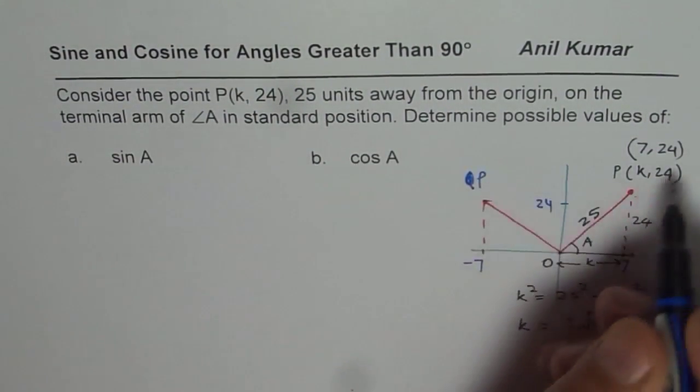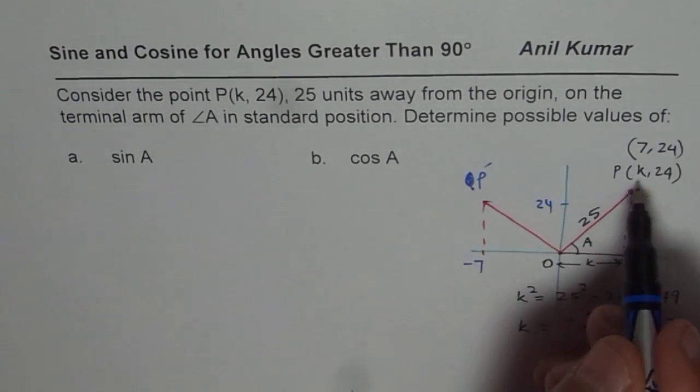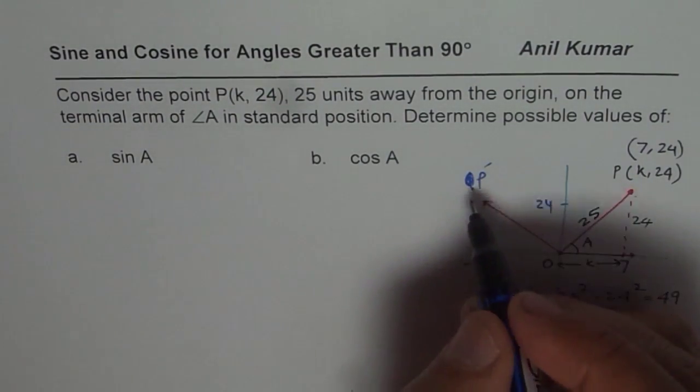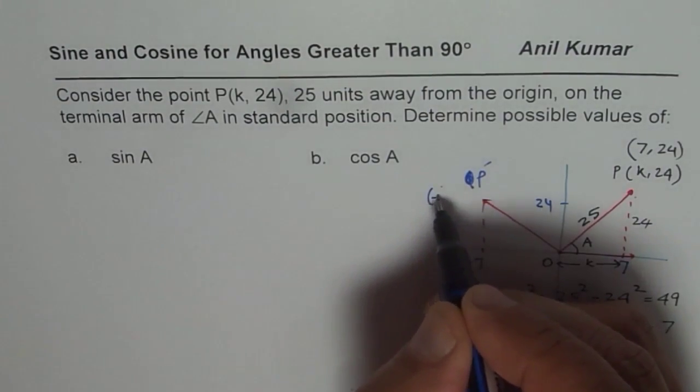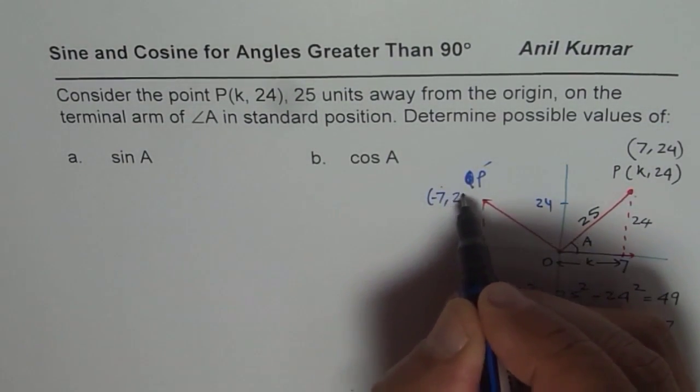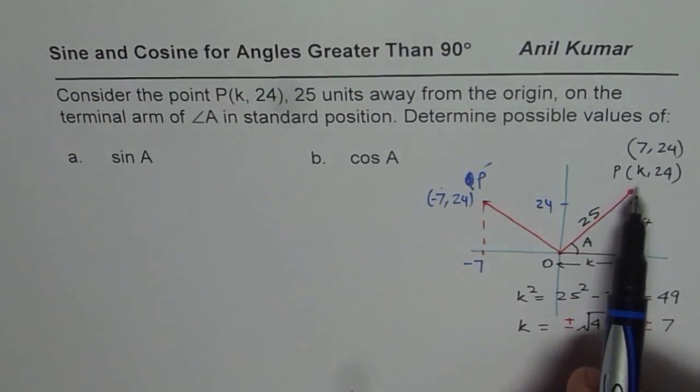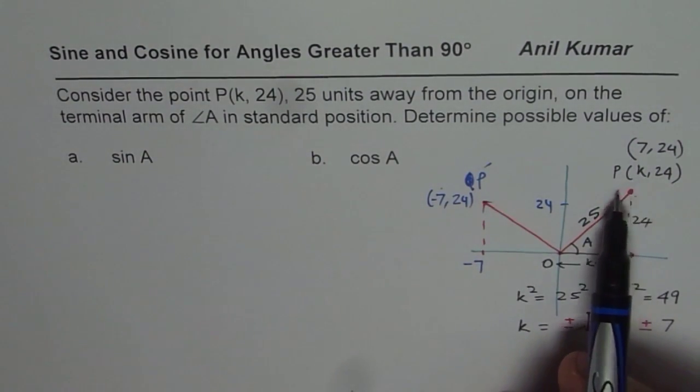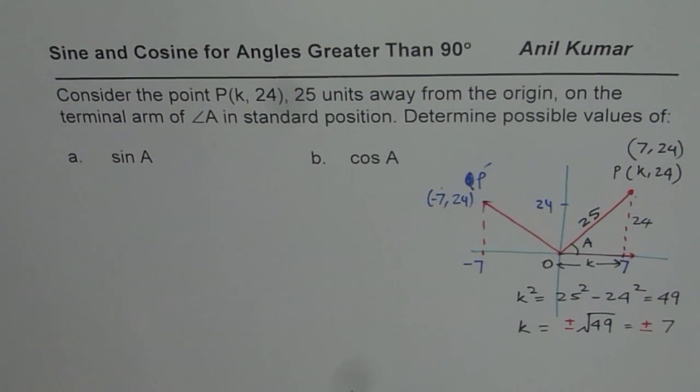We'll call it P dash, since the x value is different. This coordinate point will be (-7, 24). So there is a possibility of getting two different answers for K in such cases. You should be exploring both answers when you are given such a question. That is most important to understand.